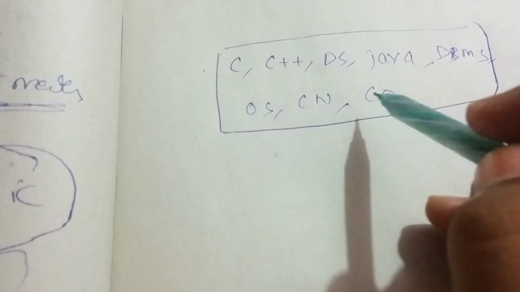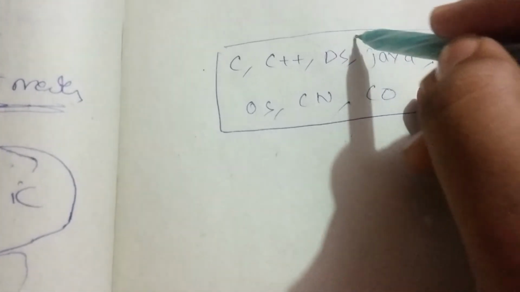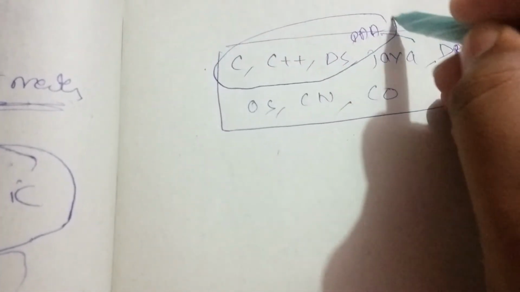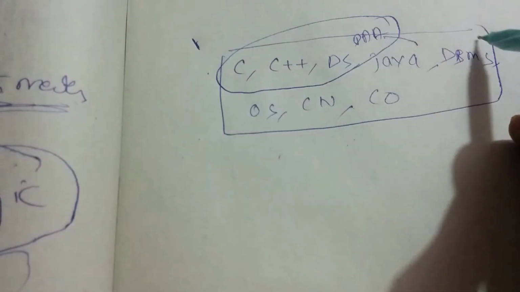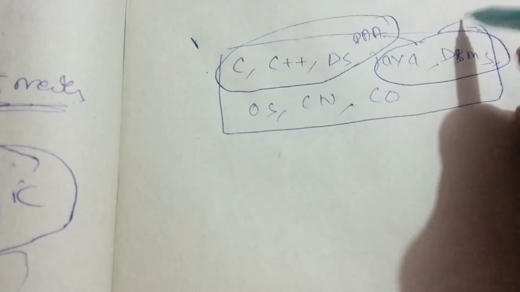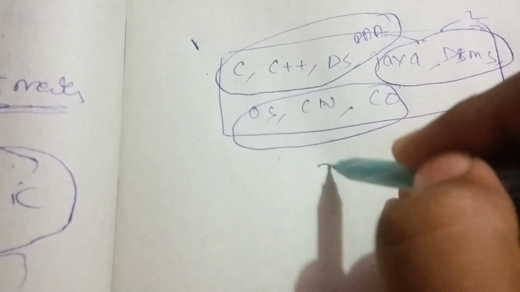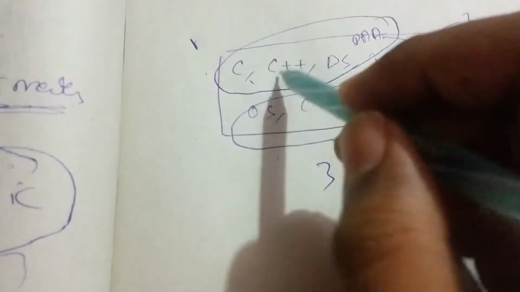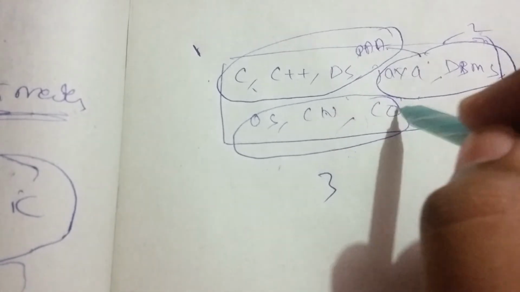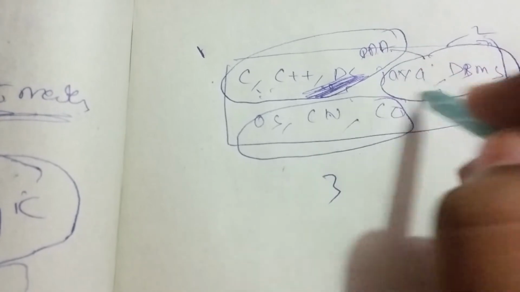If I have to order the importance of the subjects, this comes under number one, and these two under number two, and these three under number three priority. One, two, three. This is how you have to prioritize. First, be good with these things, one, two. Just be good with one, two.